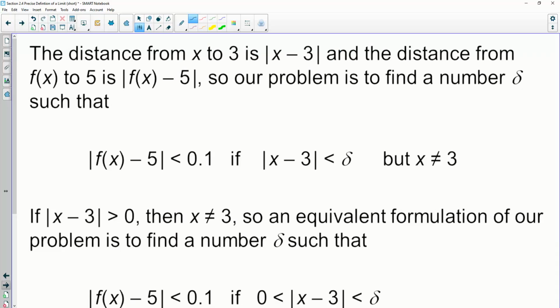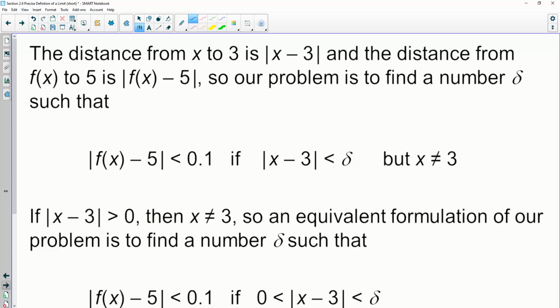If you are trying to measure distance between two things, distance is always positive, so it's an absolute value. I could measure the distance from a point x to the point 3 by taking the absolute value of x minus 3. For my y's, I could do the absolute value of f of x minus 5.